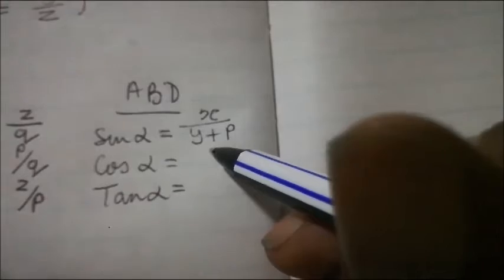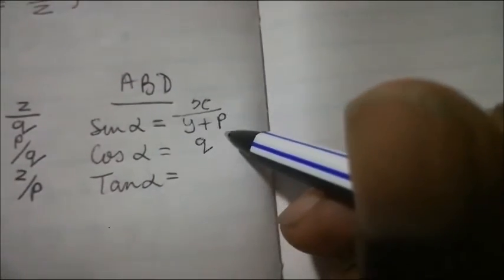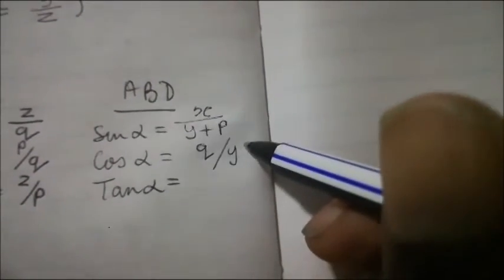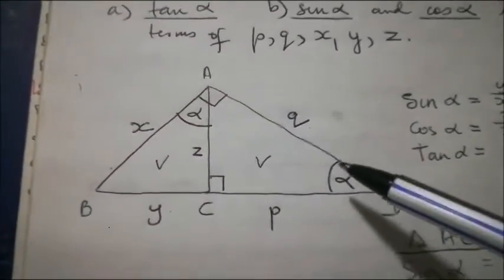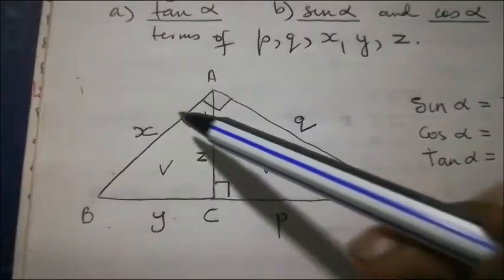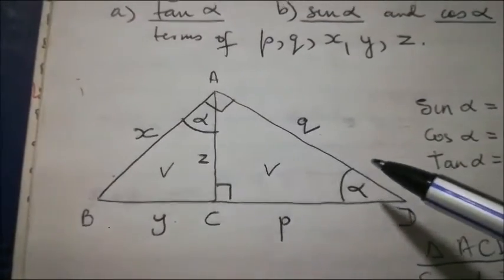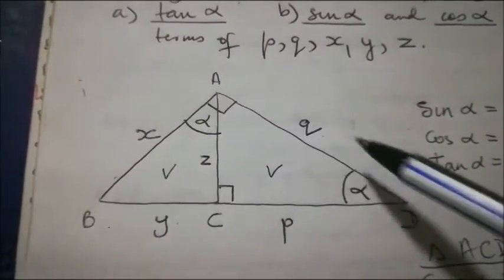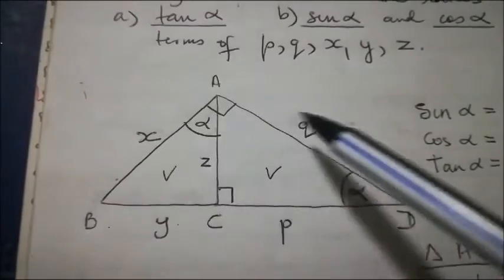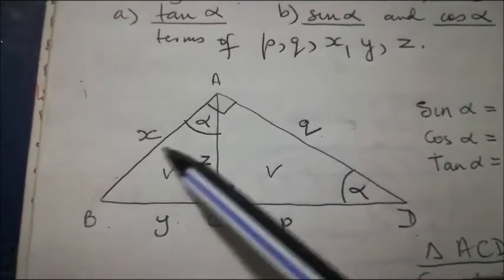And tangent now, as you know, is opposite over adjacent. That will be x over q.